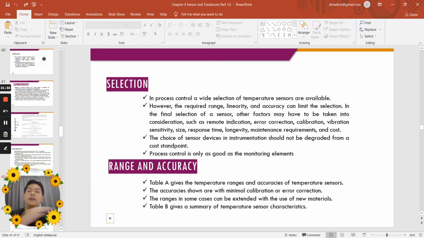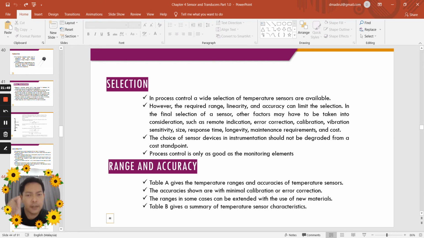For selection in process control, there is a wide range of temperature sensors available in the market. However, the required range, linearity and accuracy can limit the selection.